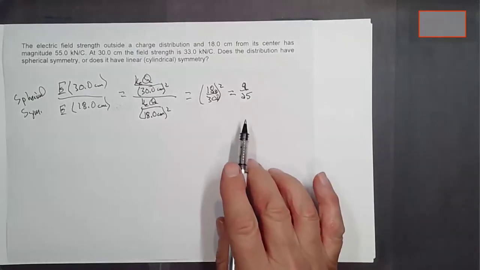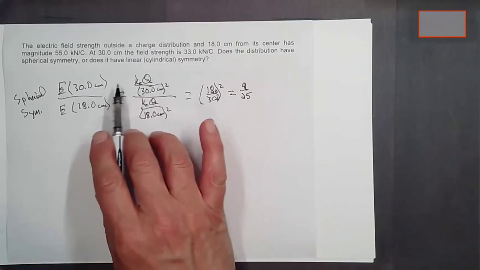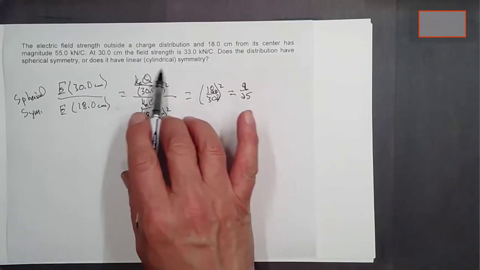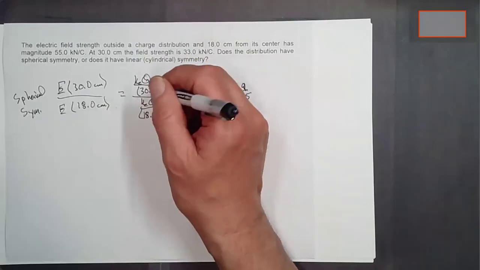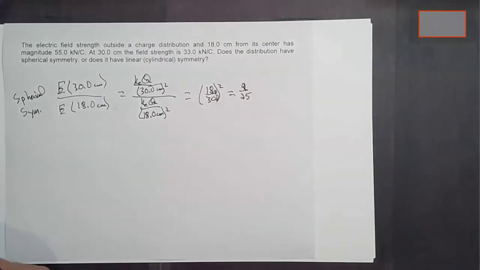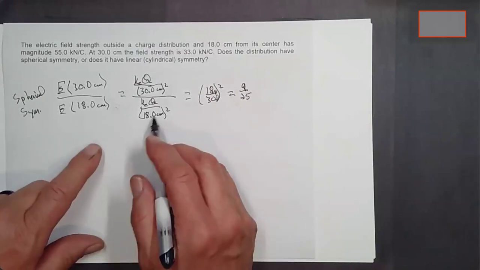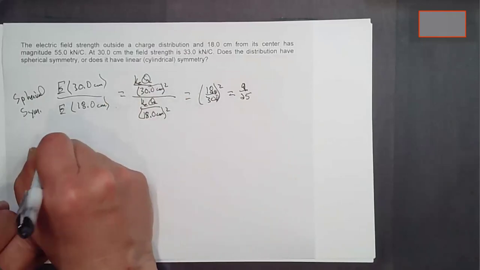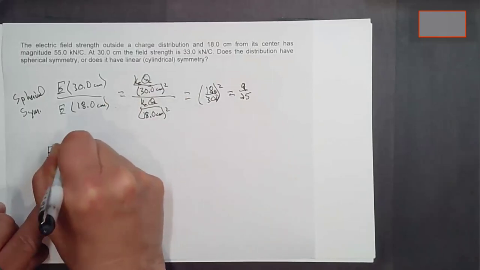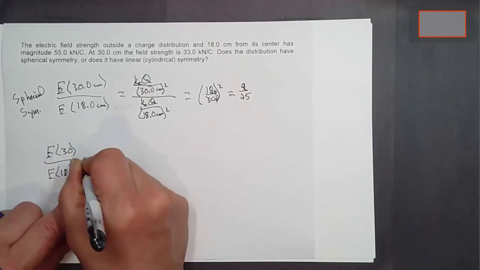Now, if you had cylindrical or linear symmetry, you could do the same thing, but the electric fields look different in that case. I've got lambda over 2 pi epsilon naught r for those things. So for this one, this would still be E of 30 over E of 18.